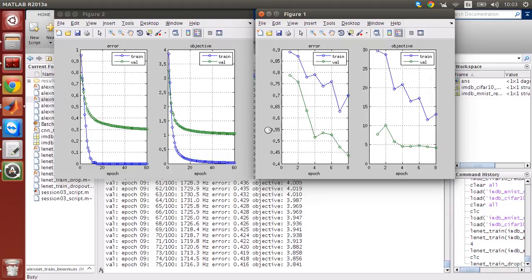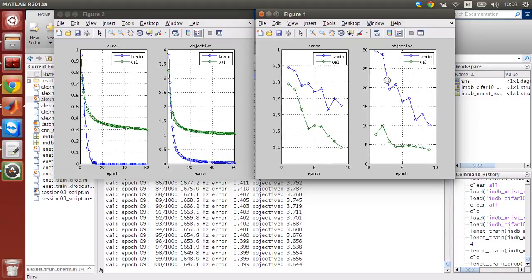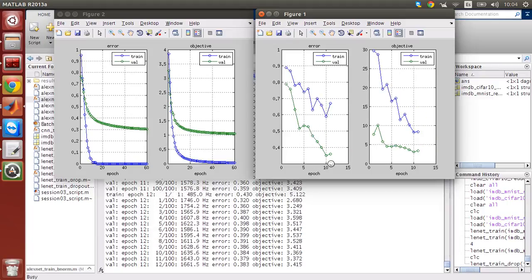Also, you can appreciate that the trend of validation has inverted. Now validation is under the training curve, sort of telling us that we are suffering from underfitting, from consciously using the dropout.